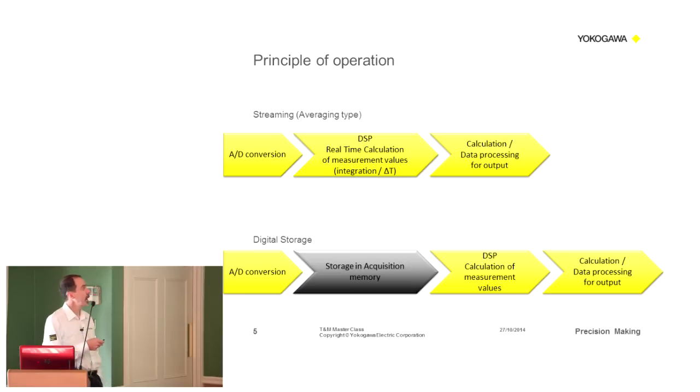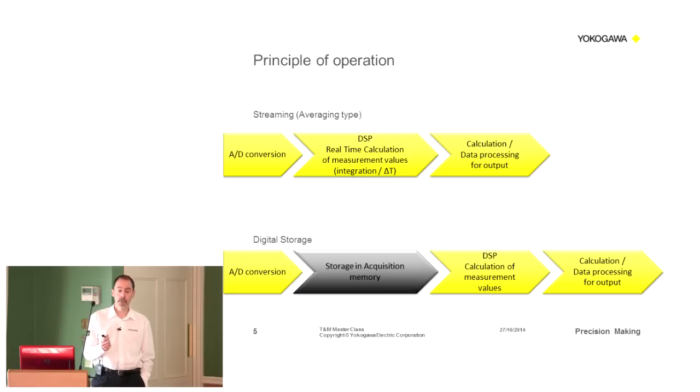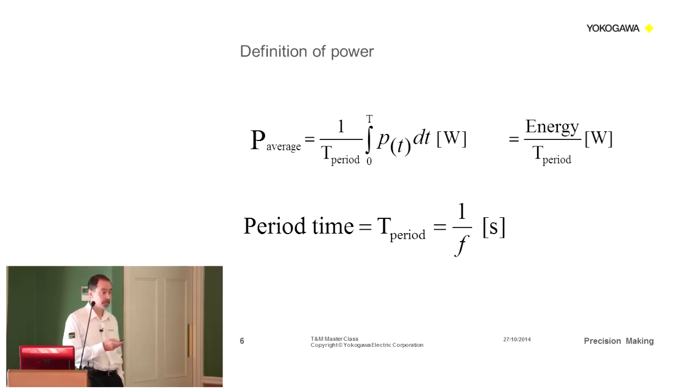That's where a streaming type, a power meter type, wins, because it doesn't store the data. It's a continuous process, and it's acting fast enough that you have no gaps. So that's one key difference between a power meter and an oscilloscope type product: you don't have any gaps in analysis. It's actually doing its calculations as it goes.